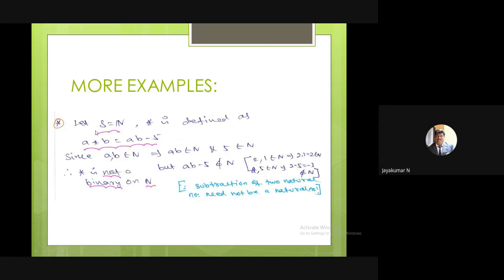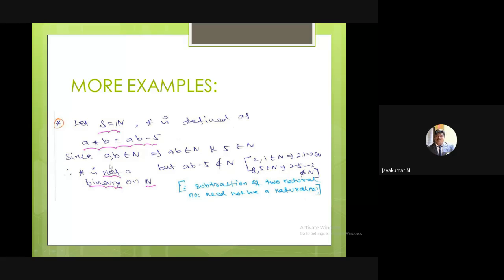The binary operation is defined by a star b, where a is the number before the star and b is the number after the star: multiplication of before and after, then subtracted by 5.